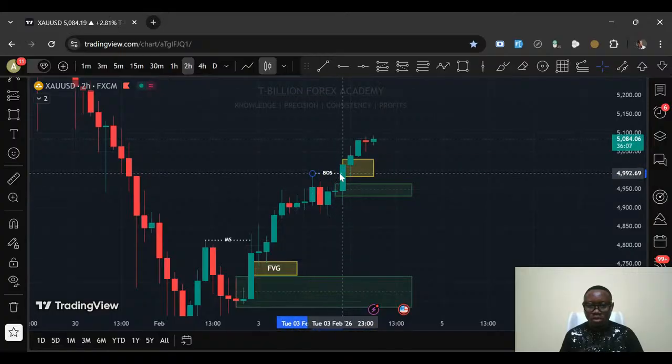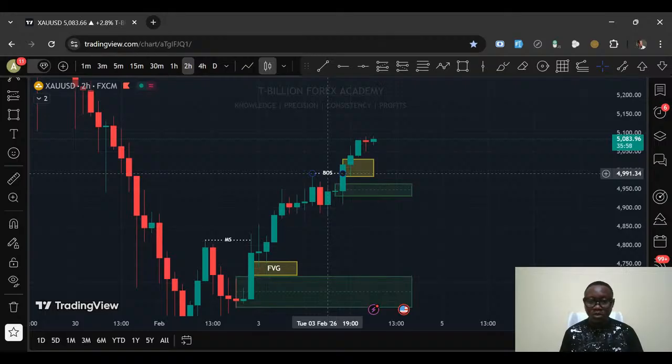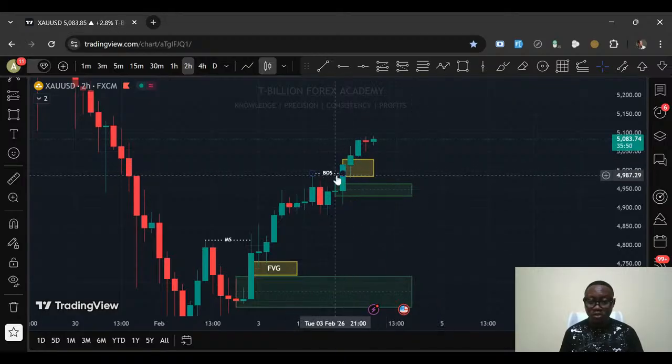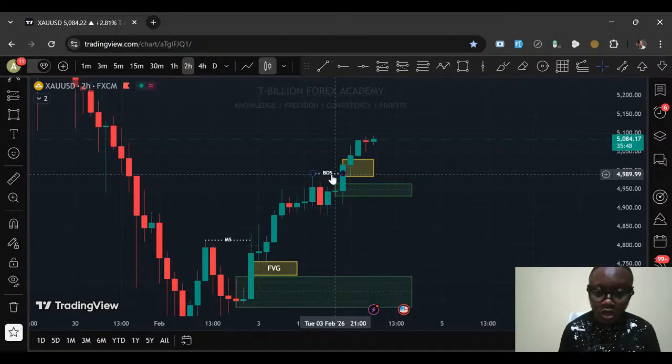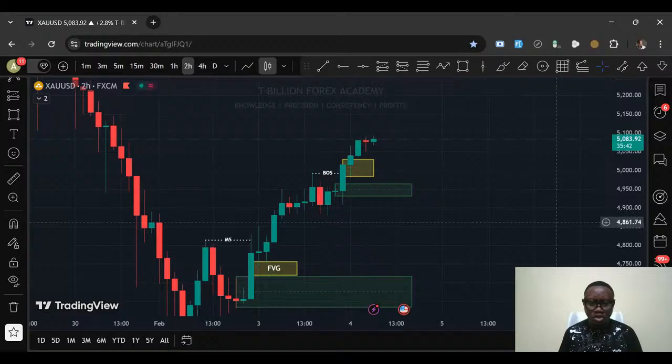To separate your internal break of structure from your swing break of structure, your external break of structure, you can prefix this BOS with an I, internal break of structure, then for the general, external break of structure, you can use BOS. But for me, I'll keep it BOS for both. Moreover, they are both break of structure.